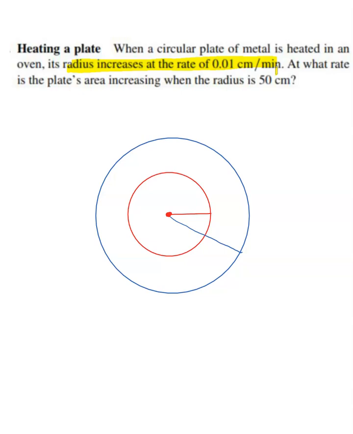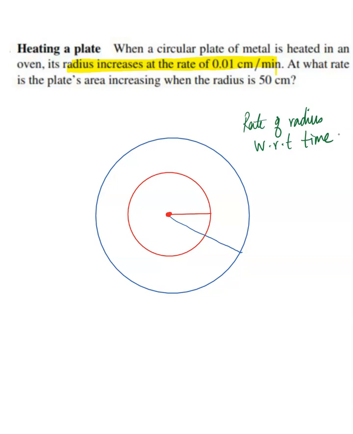It's with respect to time. So I'll come back here and quickly make a note: radius, rate of radius with respect to time. That's how I write it in English.